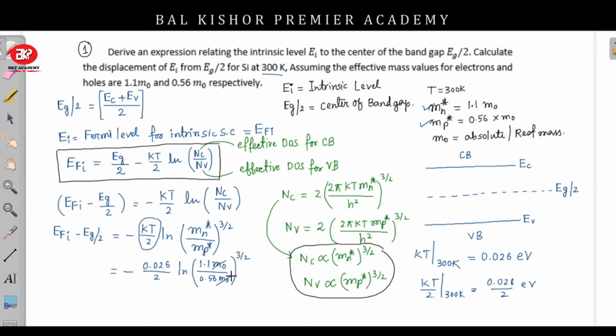So m0 cancels out, so ultimately if you calculate this, then we can write it as minus 0.013 electron volt.